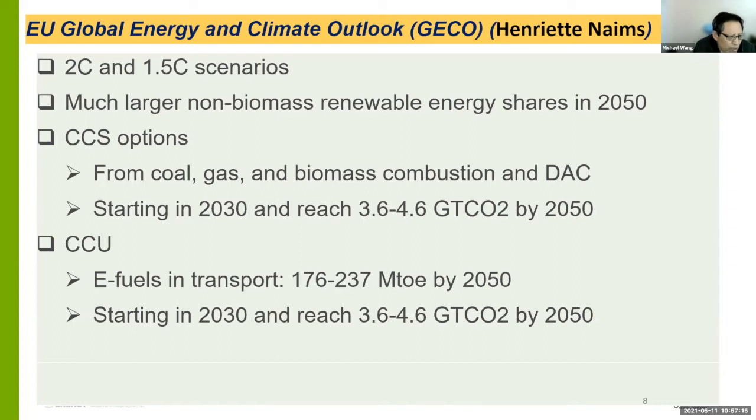CCS technology starts in 2030 and reaches 3.6 to 4.6 gigatons CO2 per year by 2050. CCU, on the other hand, is in the e-fuel space for transport.